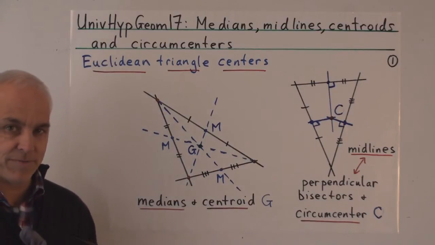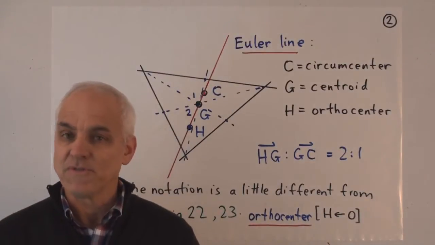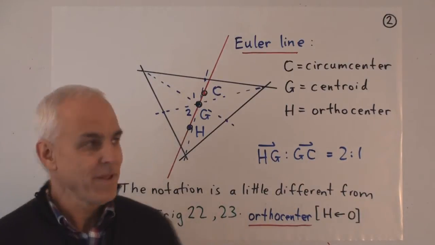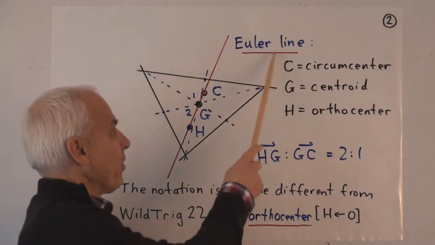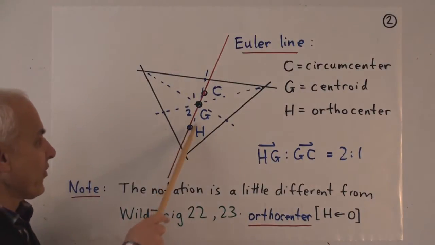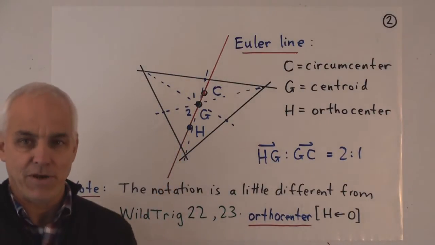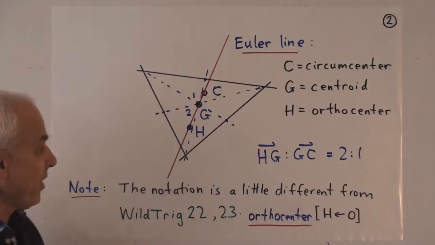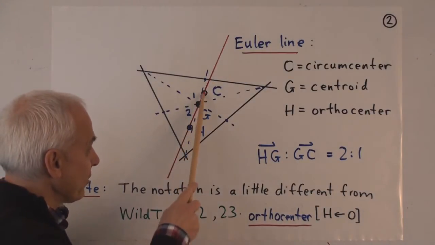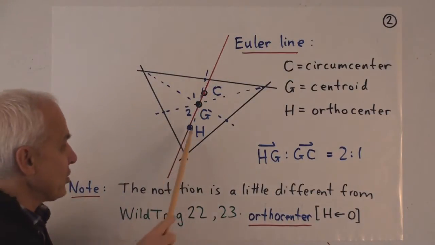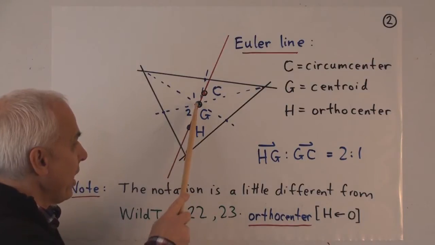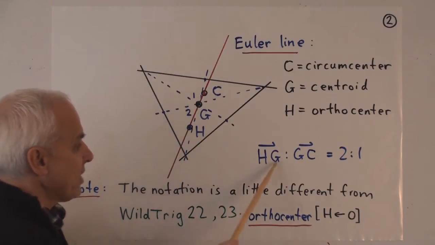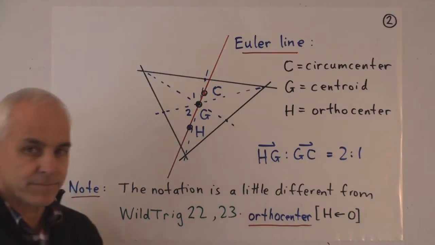Euclidean triangle geometry. And now we come to one of the most famous results in all of geometry, which is the discovery by Leonhard Euler that these 3 points were in fact always collinear. And moreover, that they were always in a certain ratio with respect to each other. That the ratio from H to G to C was always in the ratio 2 to 1.